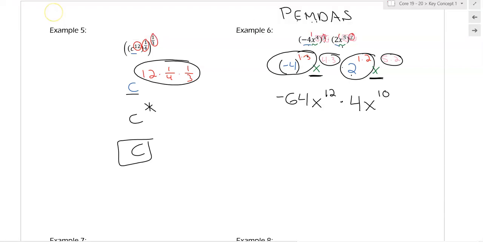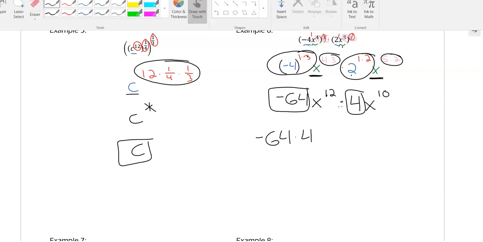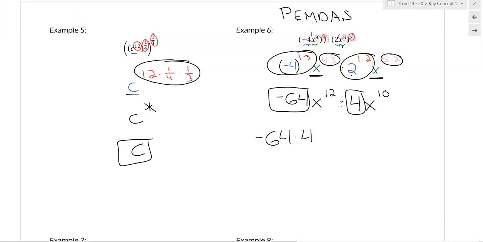Alright, now what are we doing? Now we're doing a multiplication problem. I'm going to pull my two numbers forward. Just like we did in 1A.3, these are both an x. And then I have to add my exponents in this case.